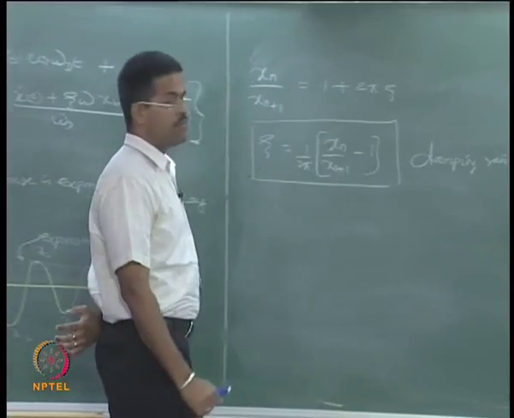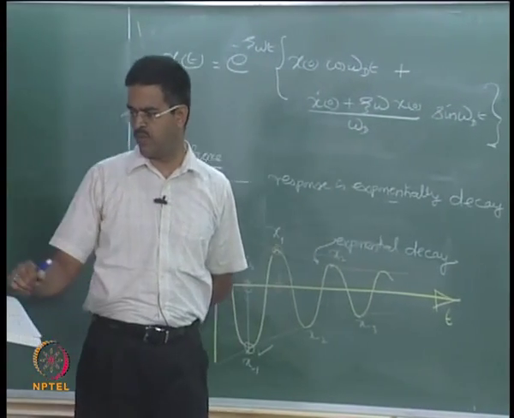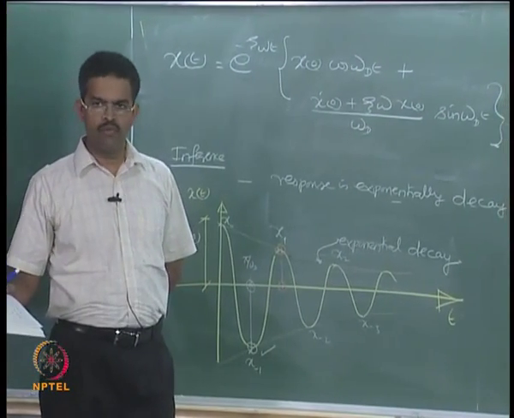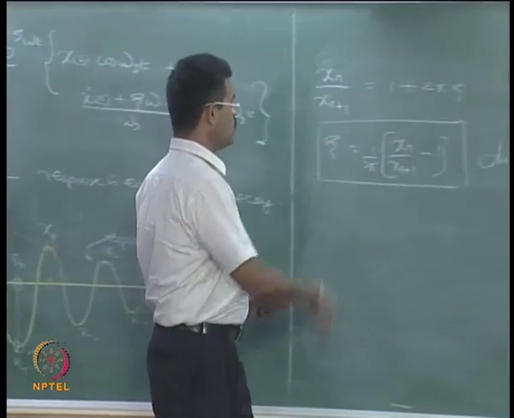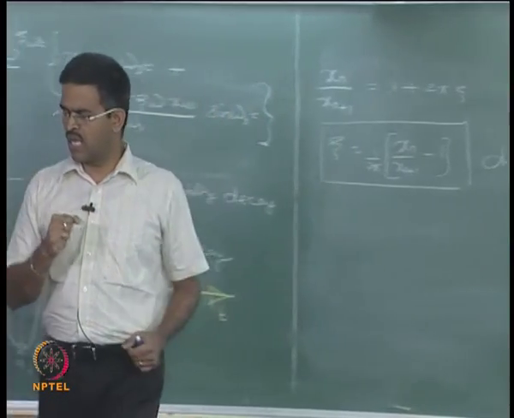Now, you may wonder what is an advantage of this damping ratio. Before understanding this, let us try to take another example and use this expression to find zeta. Let us say I have a curve like this.